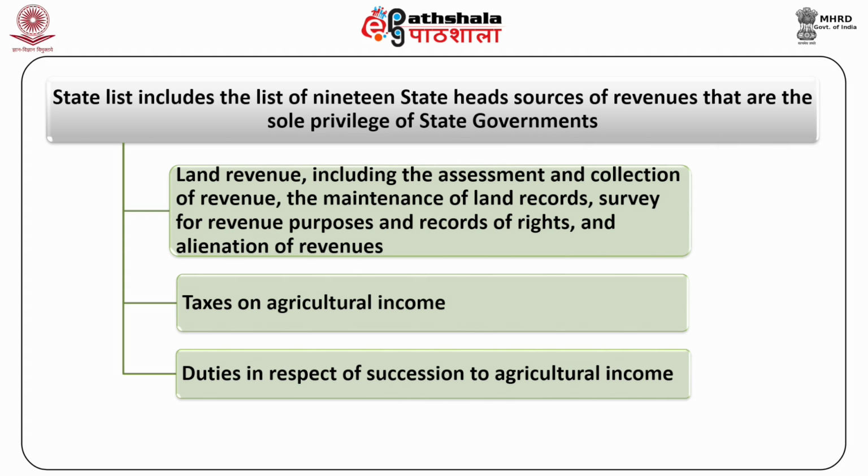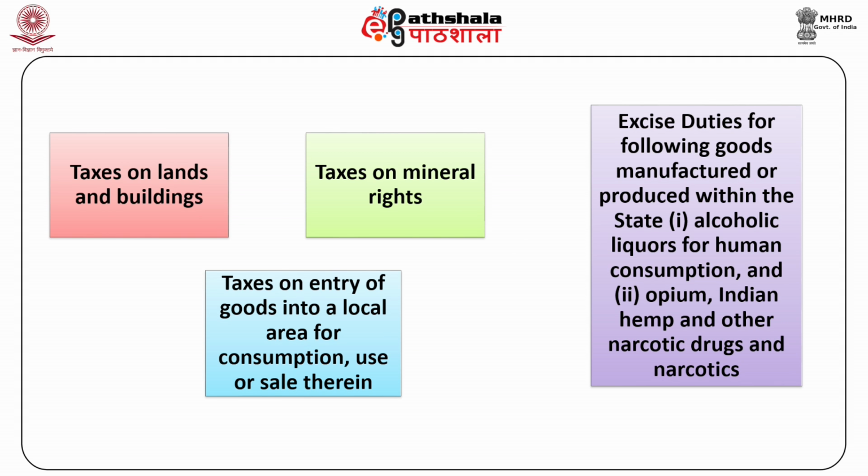Taxes on agricultural income, duties in respect of succession to agricultural land, estate duty in respect of agricultural land, taxes on lands and buildings, taxes on mineral rights, and excise duties on the following goods manufactured or produced within the state, that is, alcoholic liquors for human consumption, and opium, Indian hemp and other narcotic drugs and narcotics.